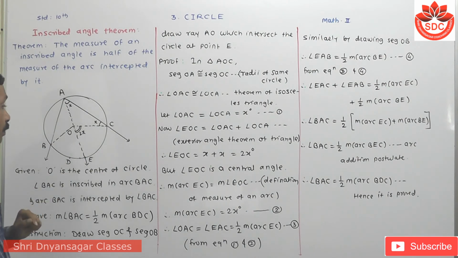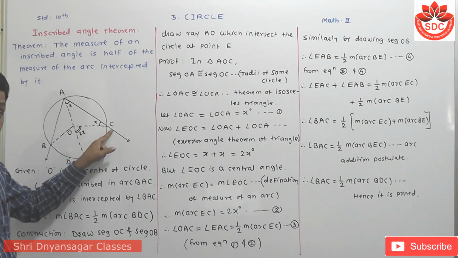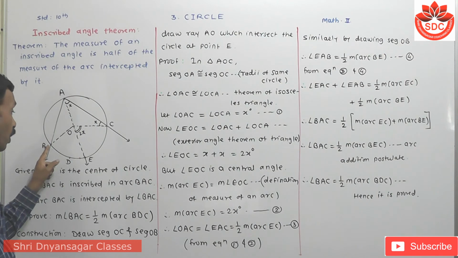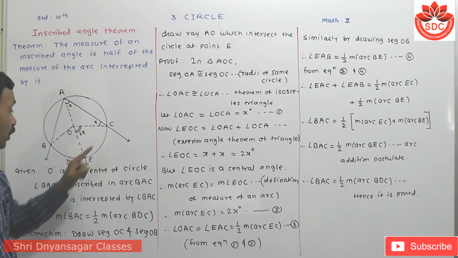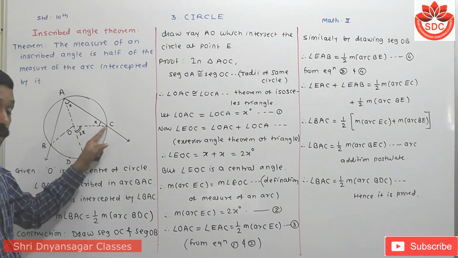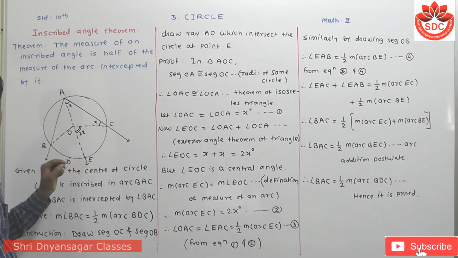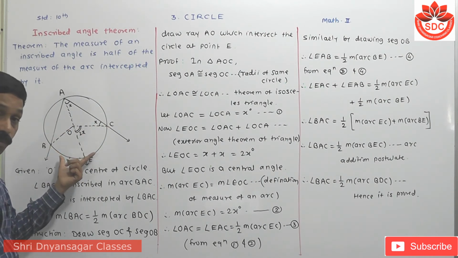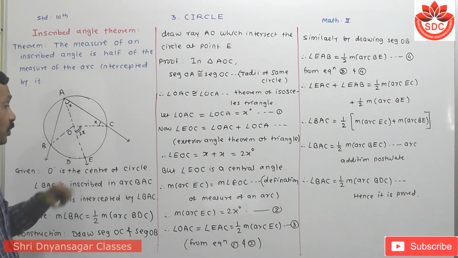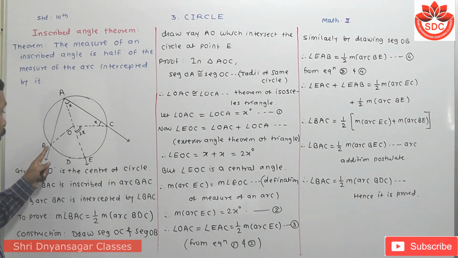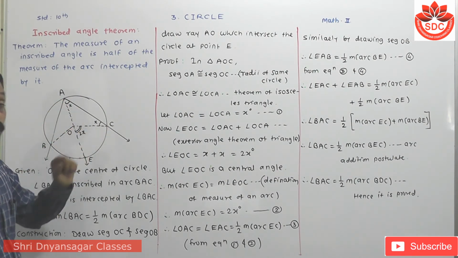So when we solve examples, we have to use the inscribed angle theorem: measure of angle BAC is equal to half of angle BOC, because arc BDC equals the measure of angle BOC by the definition of measure of an arc, meaning the measure of the arc and its central angle are equal.